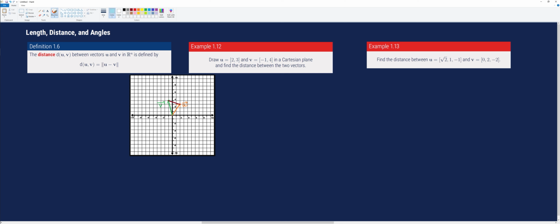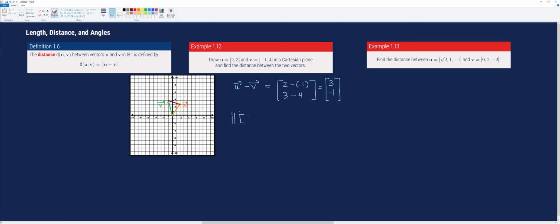To do that, we first get the difference of the two vectors. And this is equal to 2 minus -1 and 3 minus 4. Performing the operation, we get (3, -1). After we get the difference between the two vectors, we get the norm of the new vector.